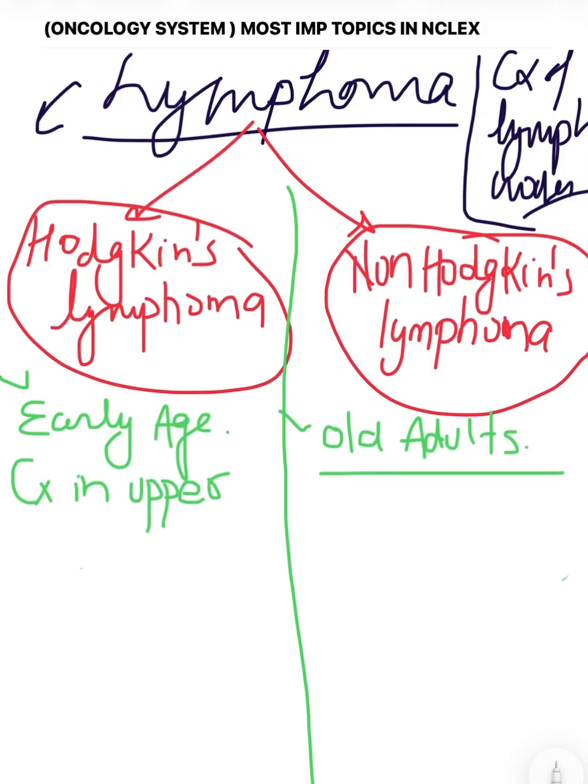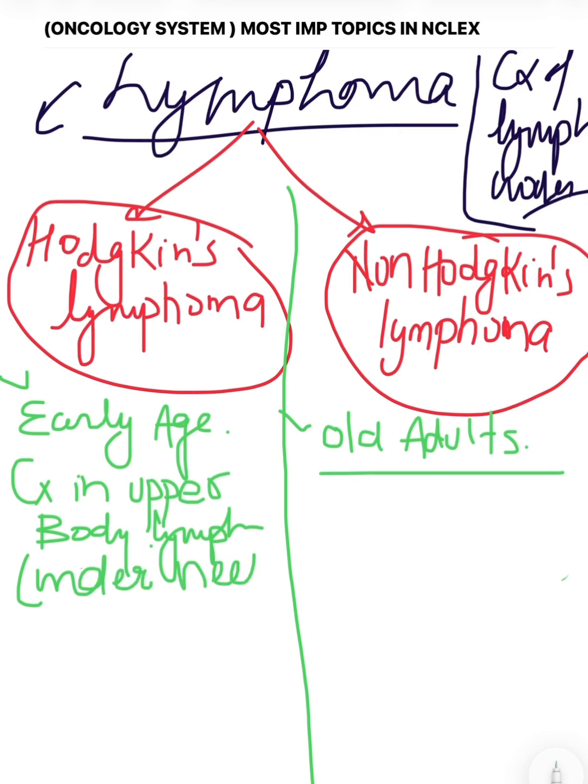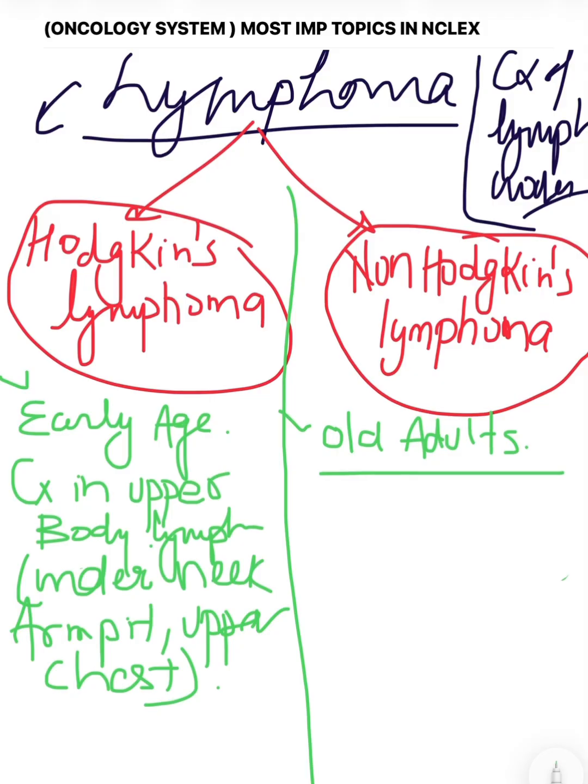The second point: in Hodgkin lymphoma, the cancer is in the upper body lymph nodes, like under the neck, under the armpit, and upper chest.